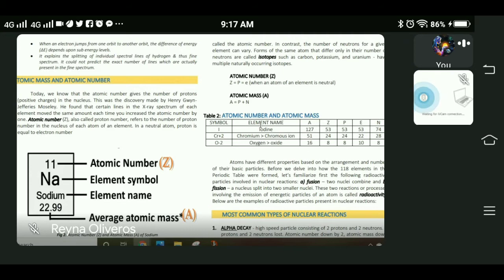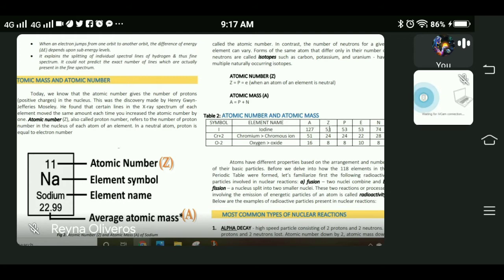As you can see here in Table 2, the atomic number and atomic mass, here is the symbol. Let's say we have I, that is the element symbol. Then its element name is iodine. So its average atomic mass is 127.